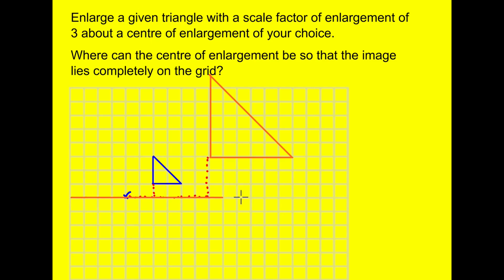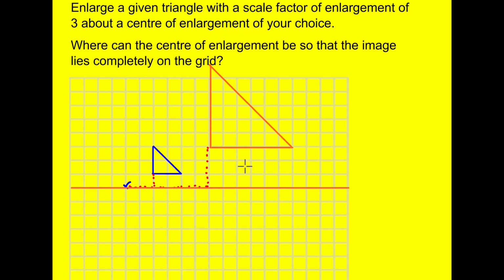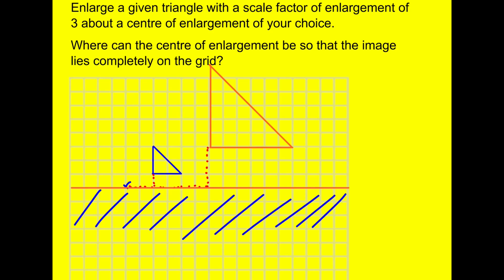Anything above this region will not keep the shape inside my squares of paper. Yours might be slightly different because of how you've set up the problem. So I can rule that one out. It's going to have to be above this line. I can rule all of these points out. Okay, maybe I shouldn't. No, I'll cross it out like that.